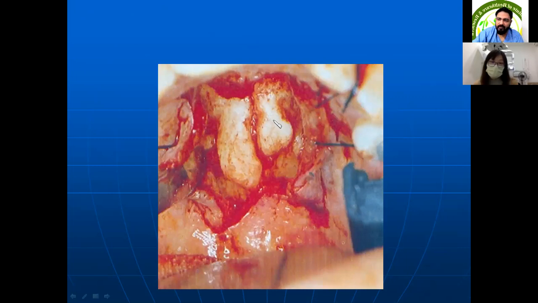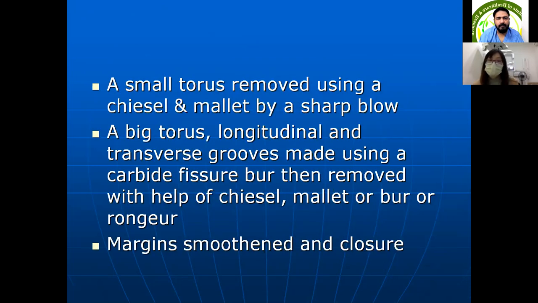So how is it removed? Sometimes we do it with the burr, or sometimes with the rongeur. Small tori are removed using a chisel and mallet with a sharp blow. For big tori, longitudinal and transverse grooves are made using a carbide fissure burr and then removed with the help of chisel and mallet, burr or rongeur.